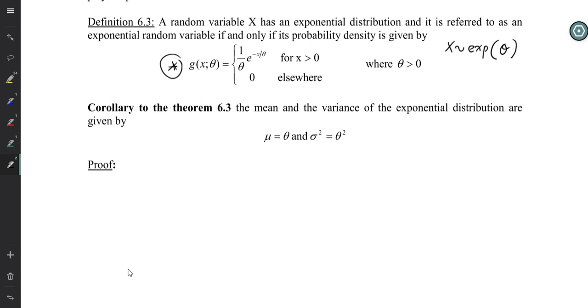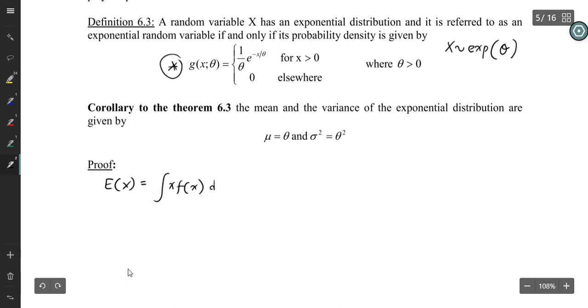First, let's try to find the mean, which is the expected value of x. Okay, so we write the definition: integral of x f(x) dx. Support of x is the integration. Our support is x greater than 0, so it will go from 0 to infinity. x times f(x) is 1 over theta e to the negative x over theta dx. 1 over theta is a constant, so let's take it outside.